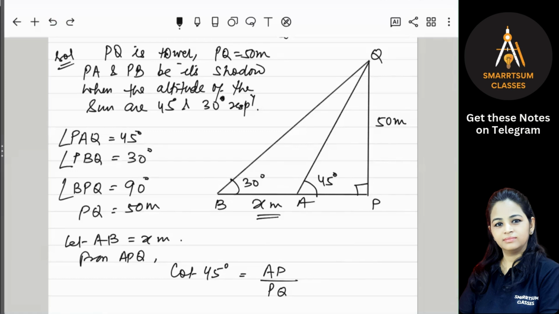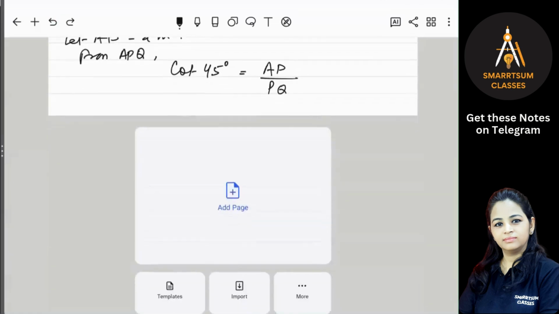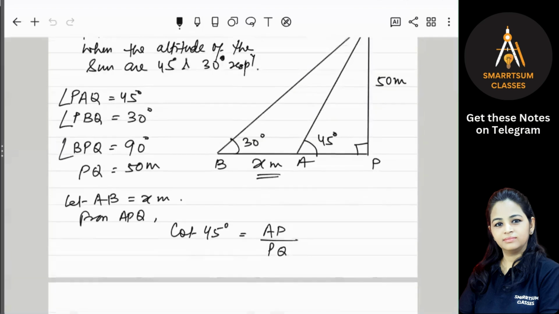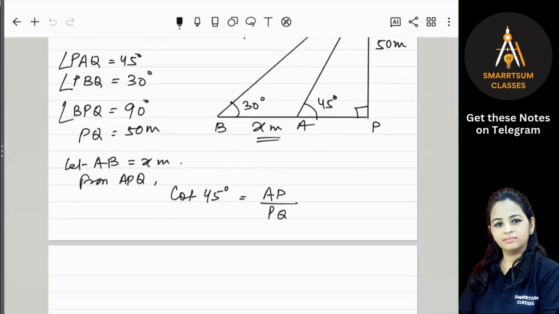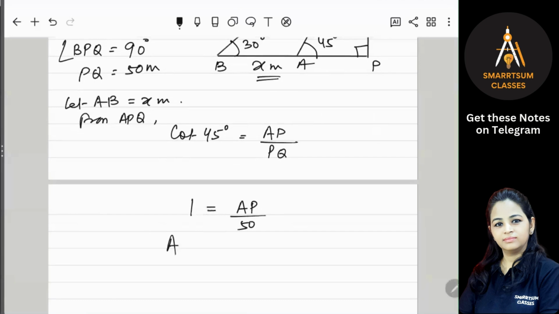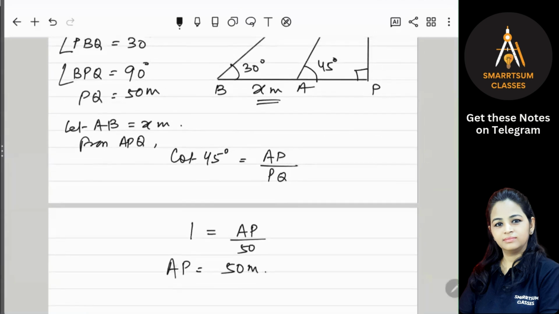Now you can find the value of AP. Cot 45 degrees is 1, so 1 is equal to AP upon PQ. PQ is 50, so the value of AP is 50 meters.